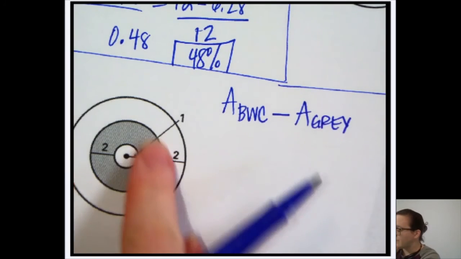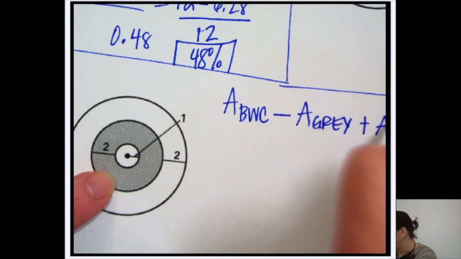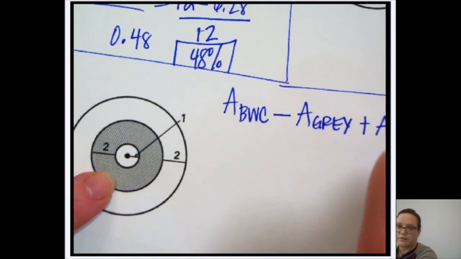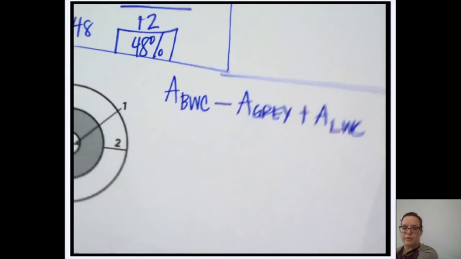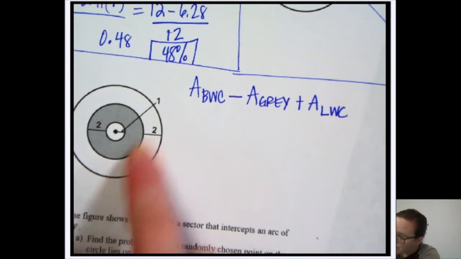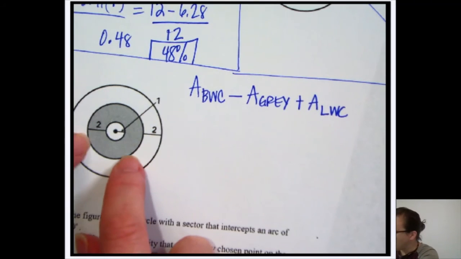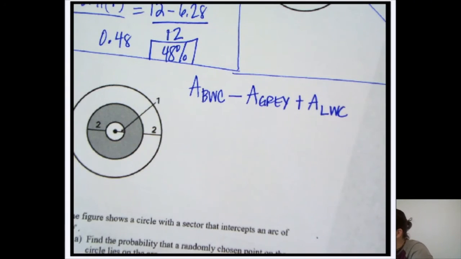Well, that's good, except now I have this little hole here, so I'm going to add back in the area of the little white circle. Are there other ways to do it? Probably, but that's what I see. I see the big white circle in the back, and then I took away this. Is that what I want to do?